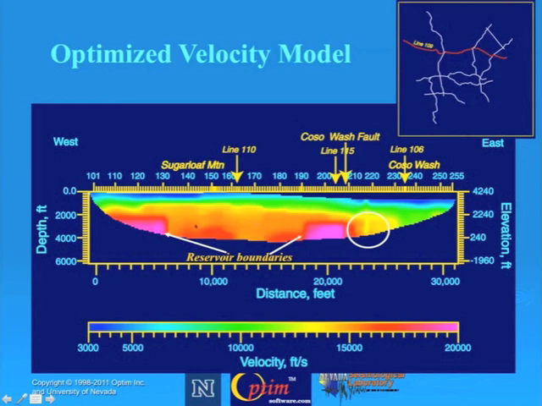There's this area in the middle, which corresponds to the reservoir area that's been productive for about 20 years in terms of geothermal resources. We can see lower velocities within the reservoir area. Green is really lower near surface velocities, and you can even see a fault in here.